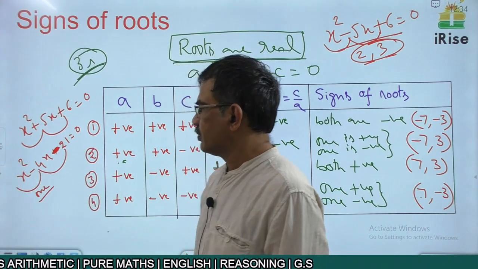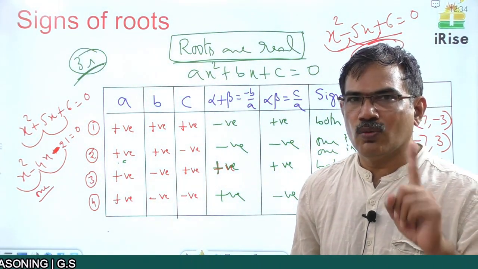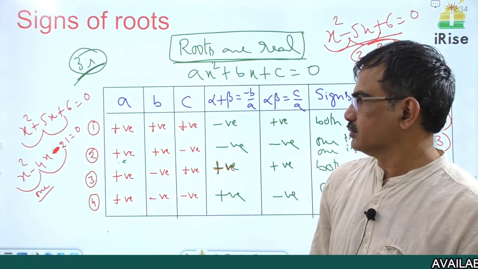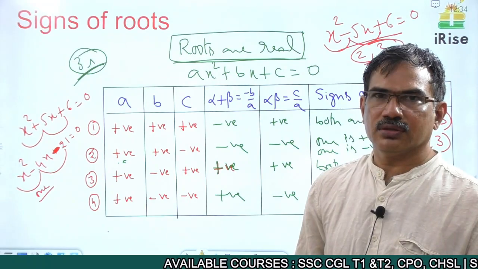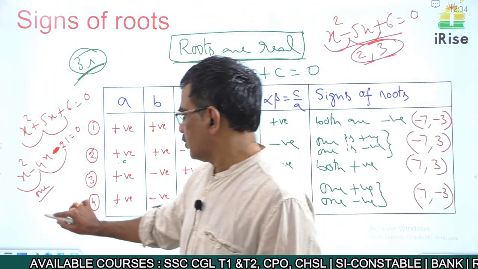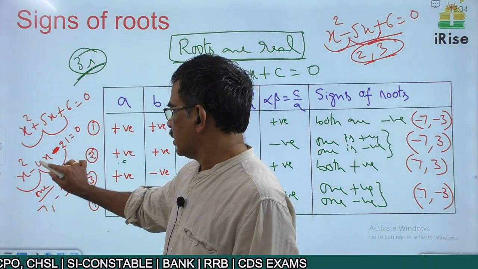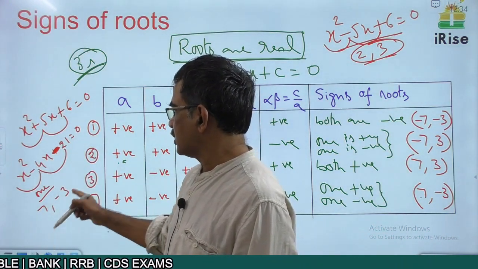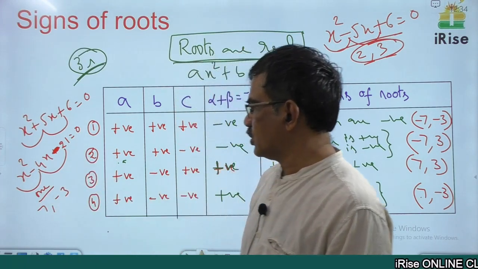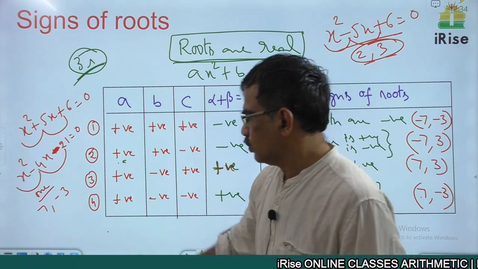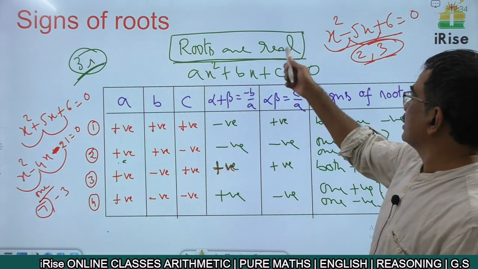If one change is there, then this equation has only one positive root. The roots are nothing but 7 comma minus 3. The roots of this equation are 7 comma minus 3, sum of the roots 4 and product of the roots is equal to minus 21. So one positive root. So how many changes are there?